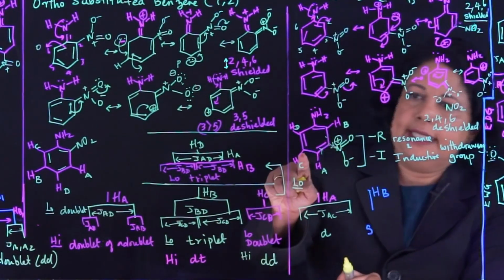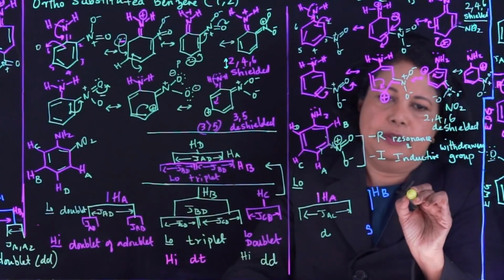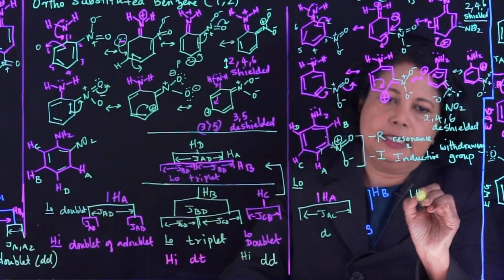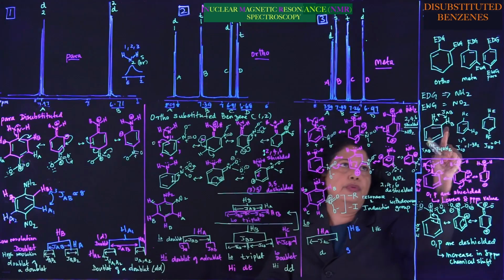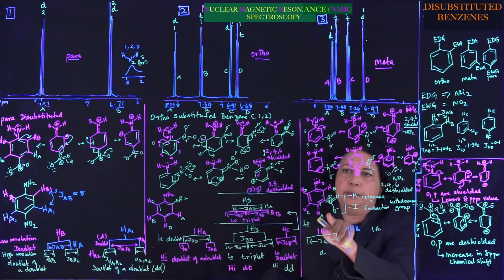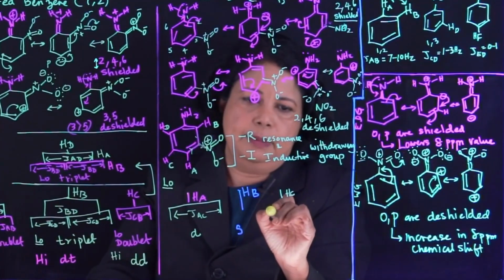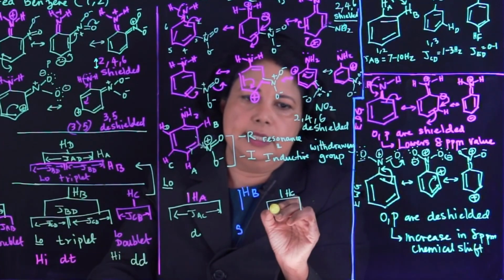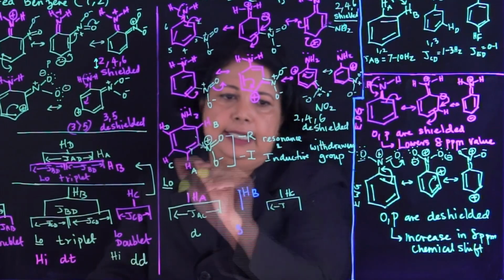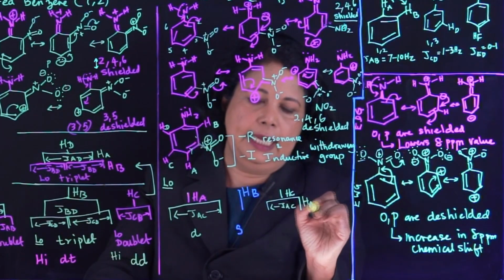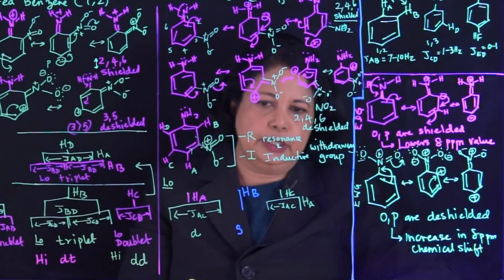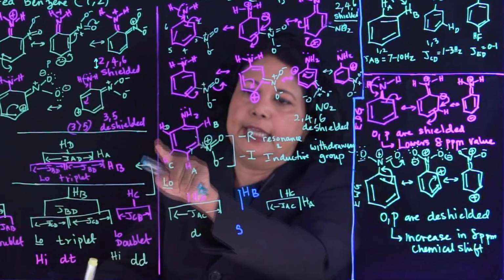Let's look at HC, the splitting pattern for HC. So if HC had no neighbors, it would get a singlet. However, it has 2 ortho neighbors, so it can be split by this, and they probably would have very similar coupling constants. Let's say JAC by HA, and then it's going to be split by HD.